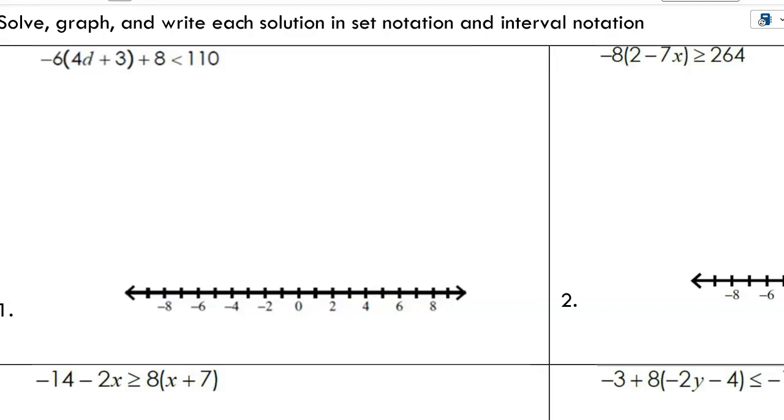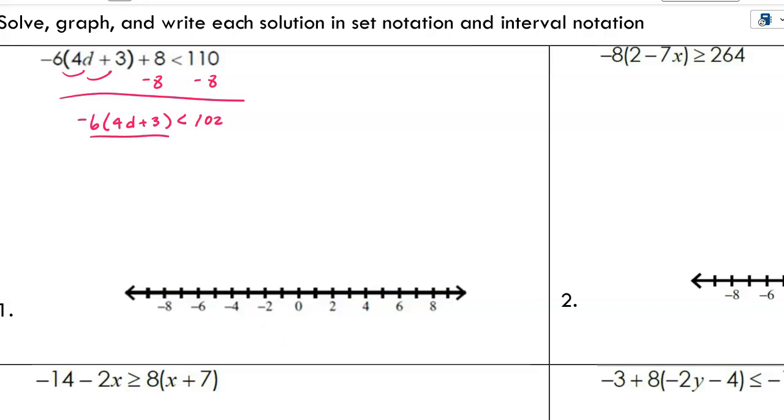Okay. So for this problem, first thing I'm going to do is I can distribute, but I could just move that term over to the other side. And so I believe that is 102.